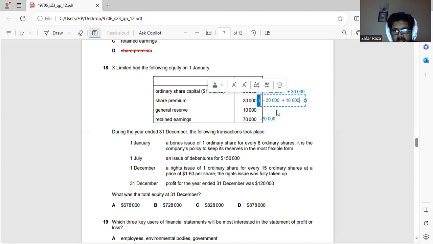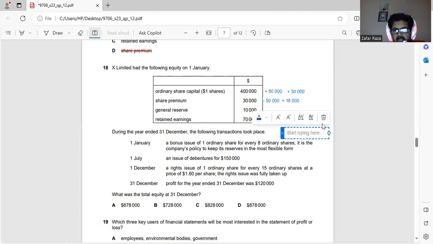Share premium was supposed to be decreased by 50,000 for the bonus issue, and it has increased by 18,000 because of the new premium.